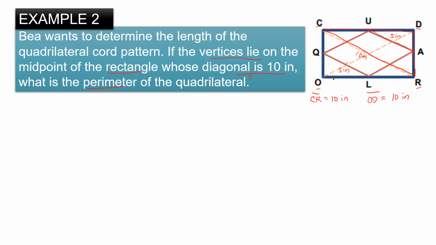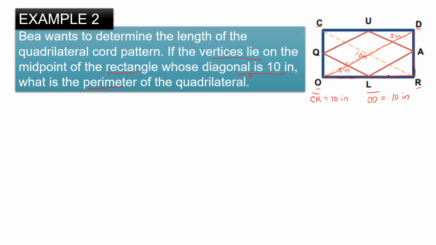Okay, so we need to find the two measurements of these sides. So to get that, we can use another triangle in this illustration. Okay, let's have the diagonal OD.